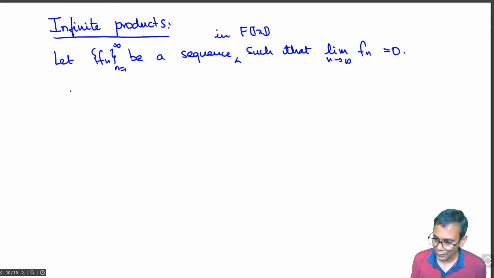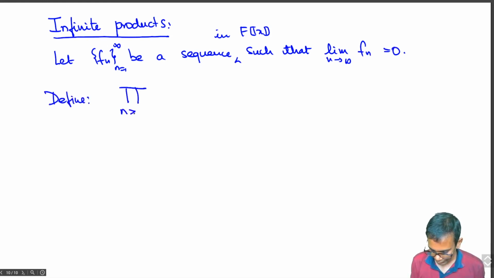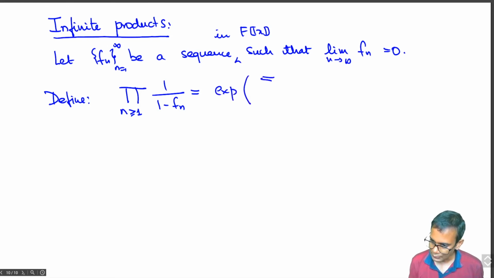Then I will define product n greater than or equal to 1 over 1 minus fn as exp of summation n equals 1 to infinity log of 1 over 1 minus fn.